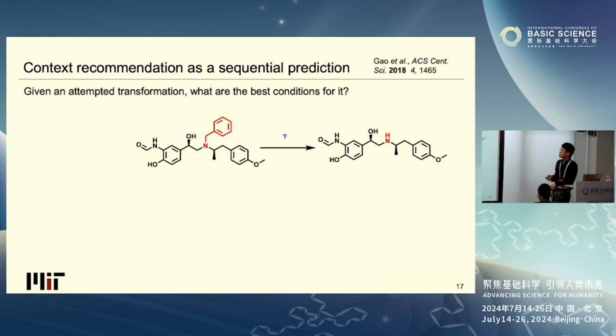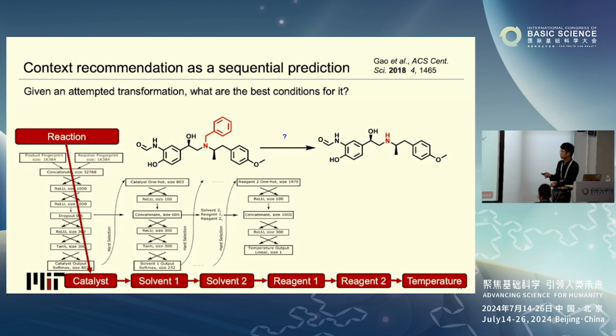So what we want to do is train a neural network model that does this job. Given this reaction transformation, we have the model predict the catalyst and the solvents. There can be multiple solvents and multiple reagents used for a reaction. And finally, temperature.